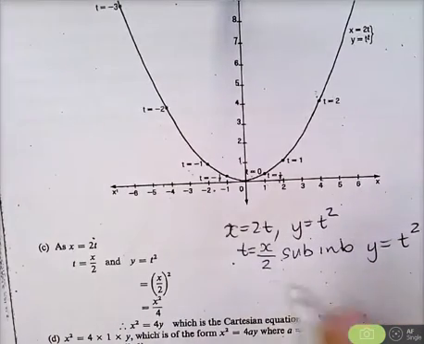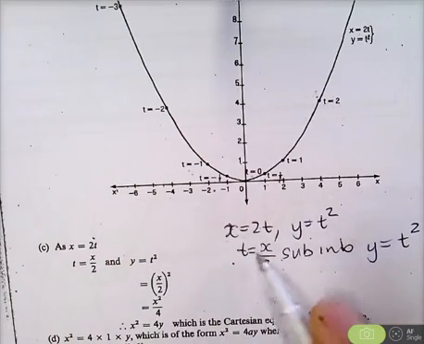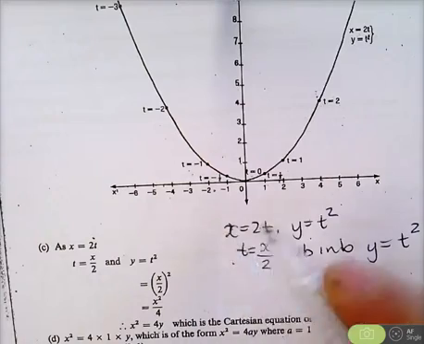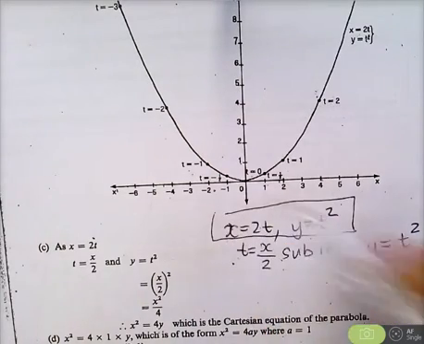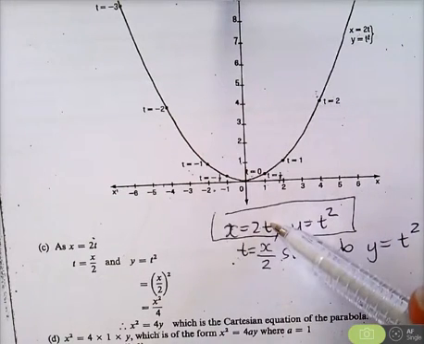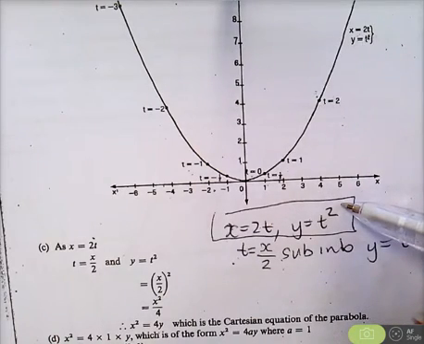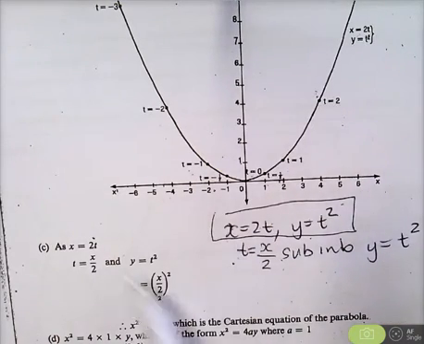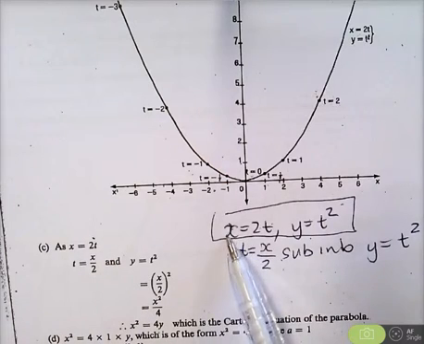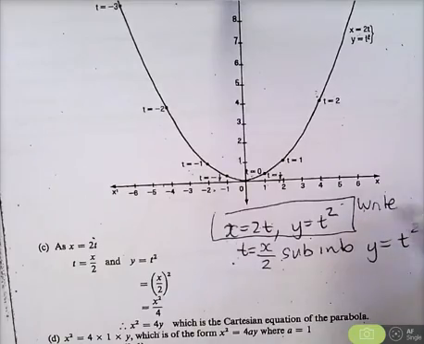Does that make sense? So you're given the two parameters, x is 2t, y is t squared. Make t the subject. So this is the parametric equation. If you want to write the Cartesian equation, Cartesian equations don't have t in them, you would make t the subject of this first one. So these are the parametric equations. My question might be, given these parametric equations, x equals 2t and y equals t squared, write the Cartesian equation.